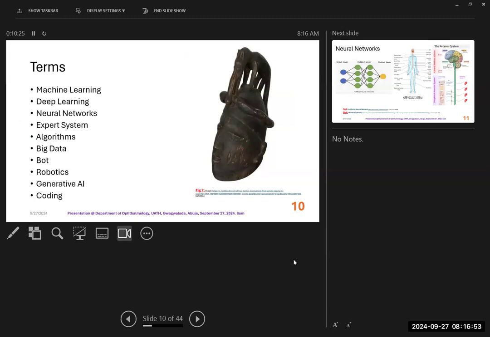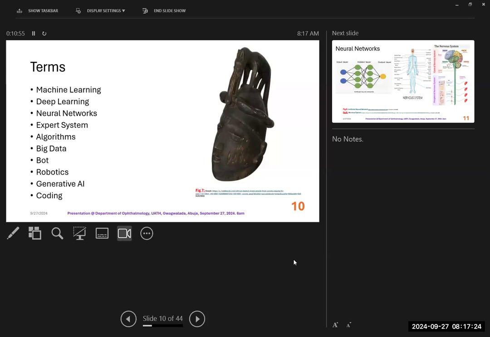In a neural network or deep learning, the app is fashioned after the human brain. I will show the sketch in the next slide. There's what we call an expert system, whereby information from the expert is inputted into the machine, and then a non-expert can now make use of that information.